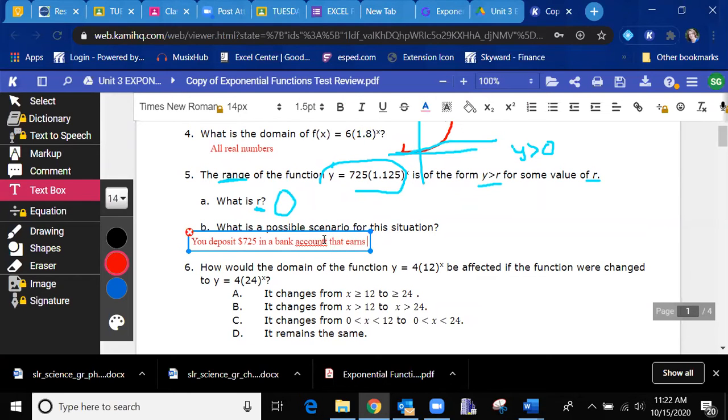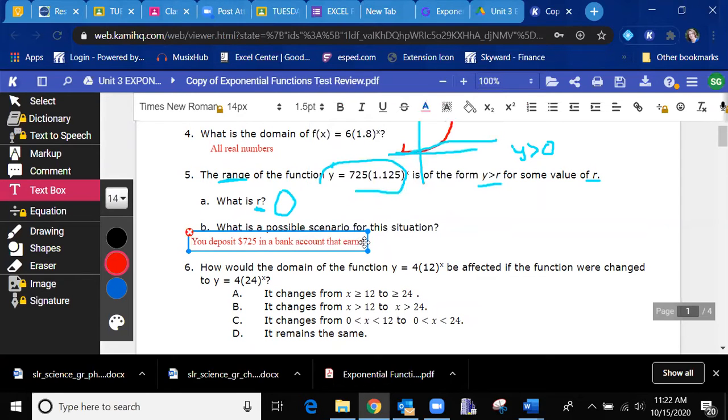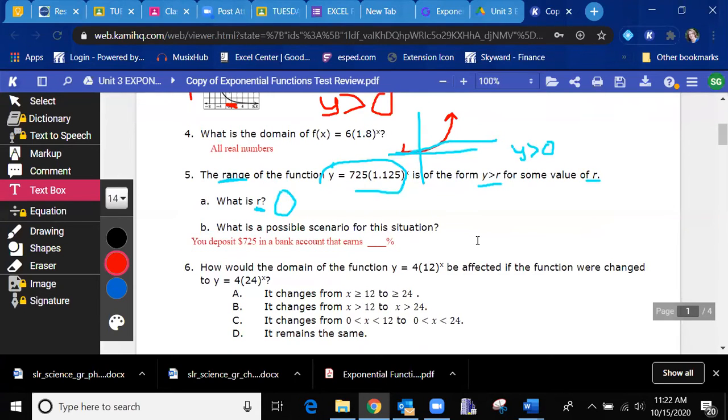Because wouldn't that be a percentage? Yeah, what's the percentage? So we have to think about what percentage that earns of money. So what percent? We have to figure out which part of that is the percent. 125.